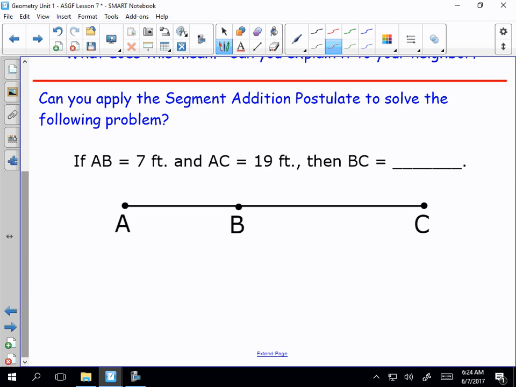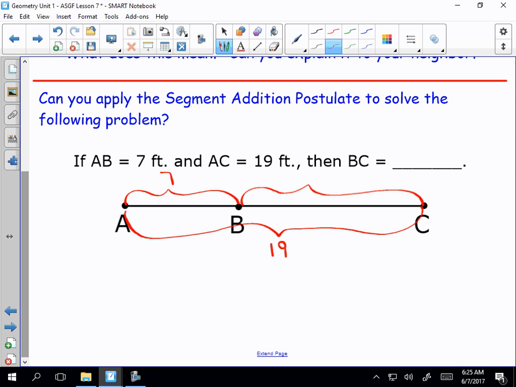So if we're going to apply it to this situation here at the bottom, if we know that from A to B is 7 feet, and from A to C is 19 feet, then it's easy for us to figure out how much this last segment is. We can set it up algebraically if we wanted to, but hopefully in some of these situations you can look at the numbers and see how they connect to each other to give us BC equals 12.